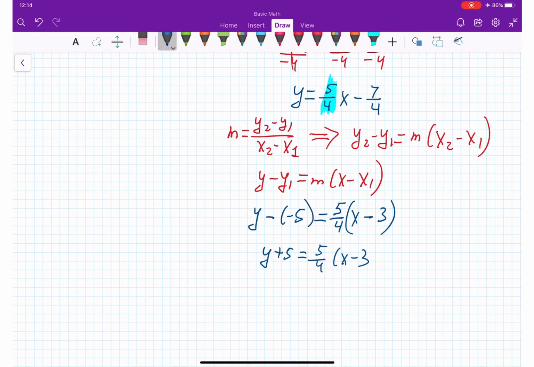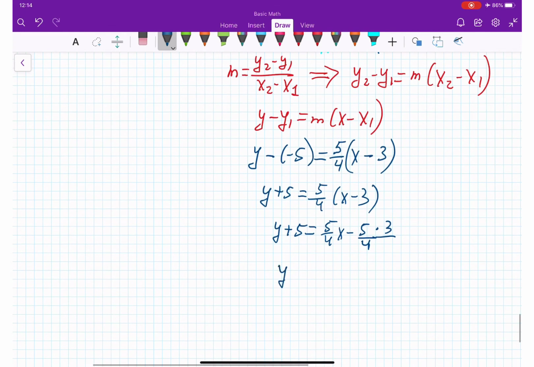Okay, let's simplify here, see what we get. So we get y plus 5 equal 5 over 4x minus 5 times 5 over 4 times 3, because it's a whole number, so it's going to go on the top.